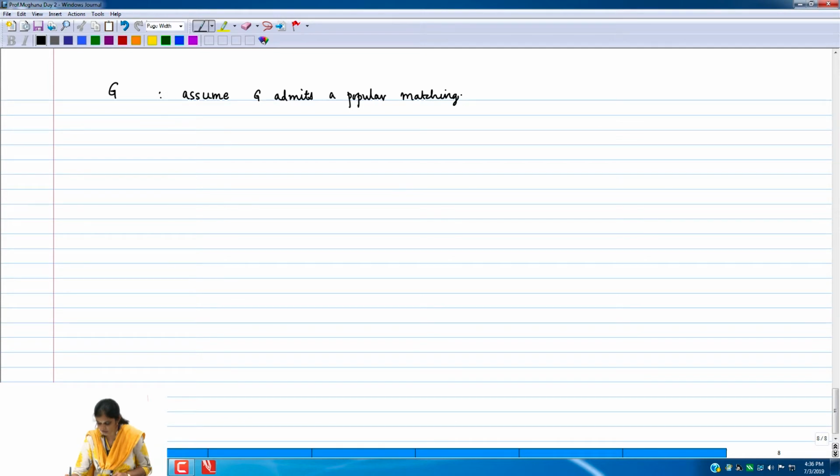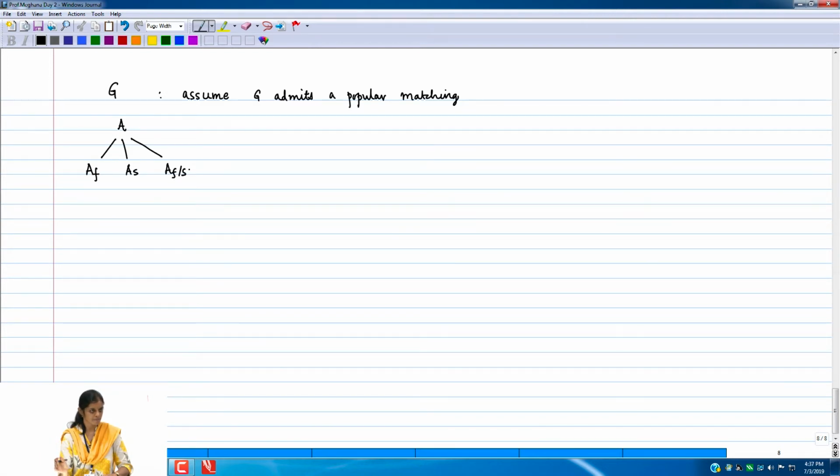With respect to these true preferences, let's divide the set A, the set of applicants, into three groups. We will call them AF agents, AS agents, and AFS agents. What does this mean? In all popular matchings, the applicants belonging to the set AF always get matched to their first post.